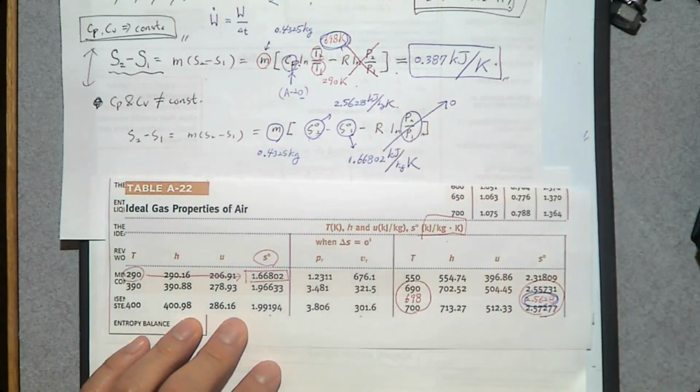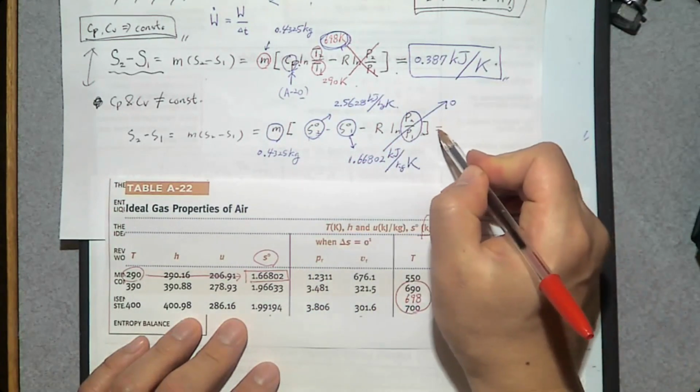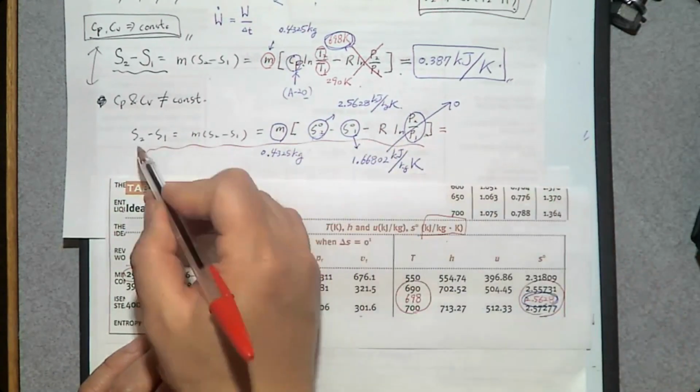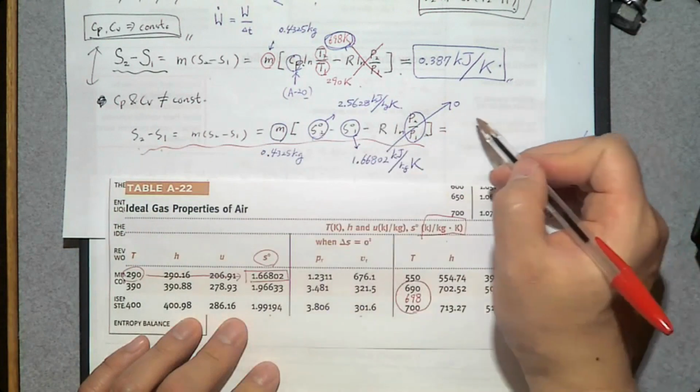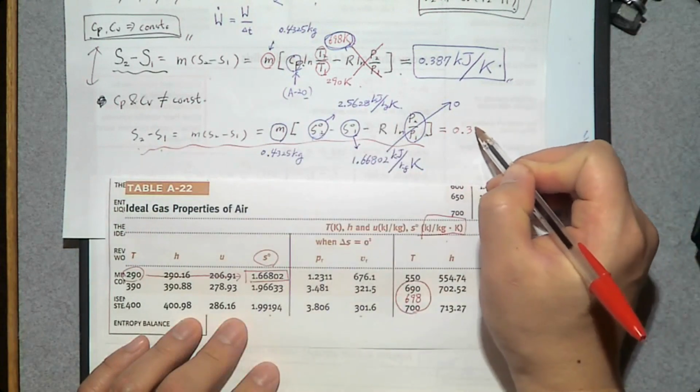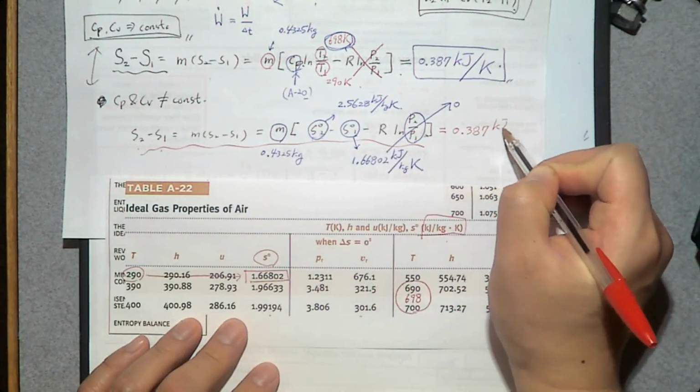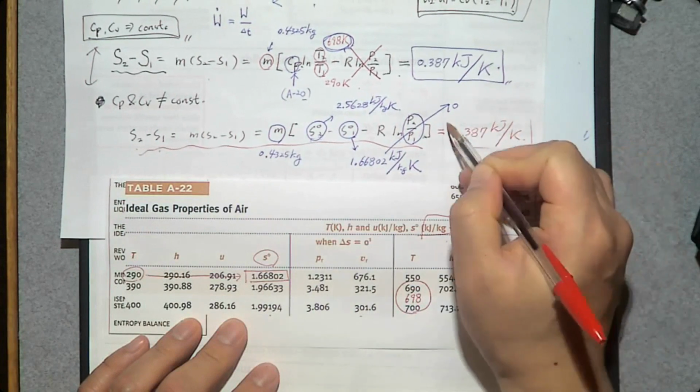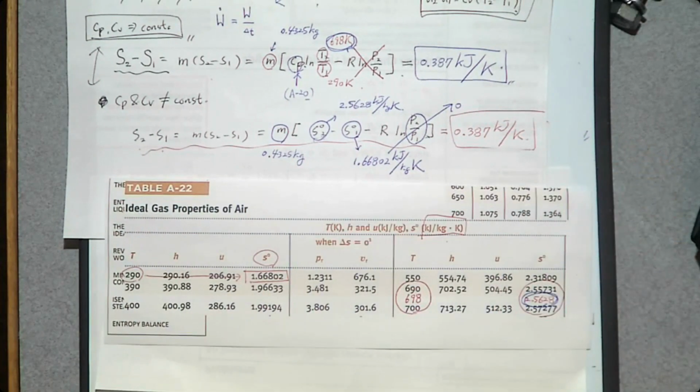So if you solve this equation, you get S2 minus S1 that is 0.387 kilojoule per Kelvin. So we get the same answer if we use this variable specific heat method.